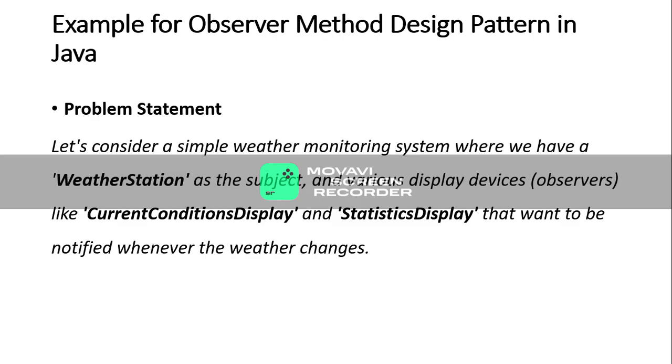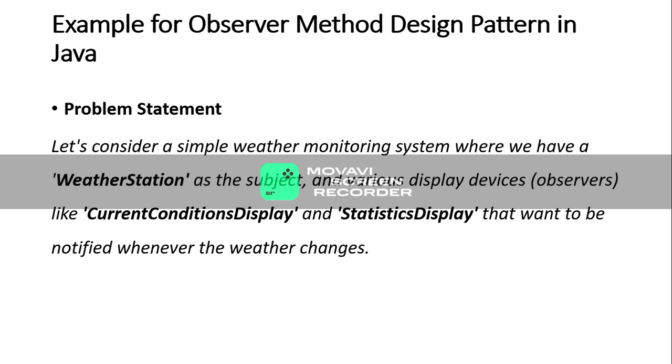Then we'll go to the example of the observer design pattern in Java. The problem statement is a very apt example for the observer pattern. You have a weather station.